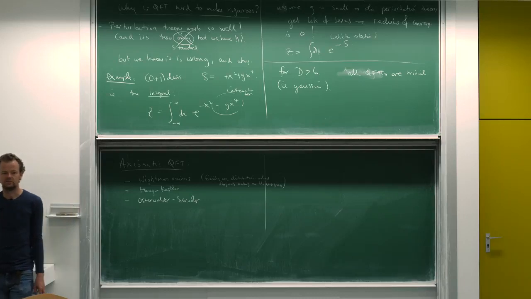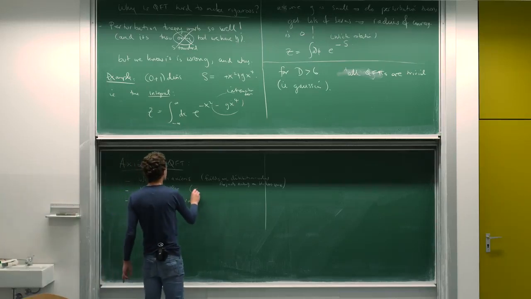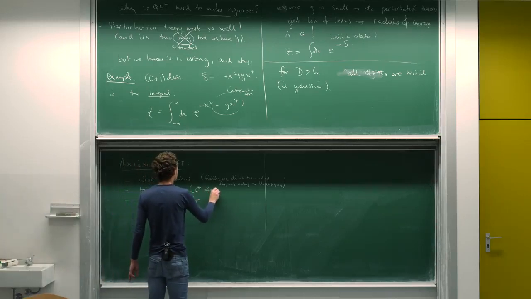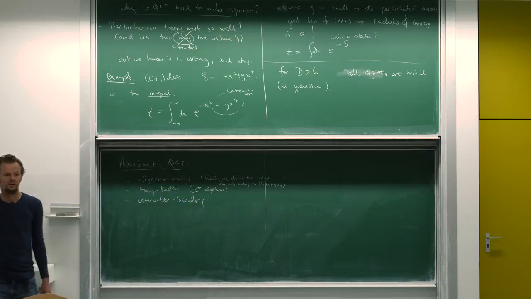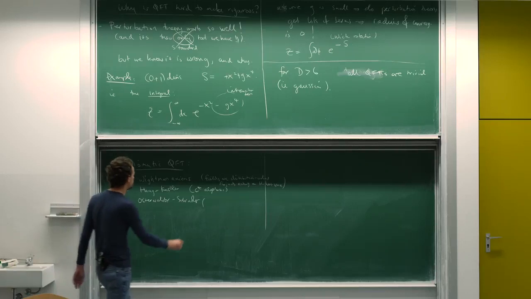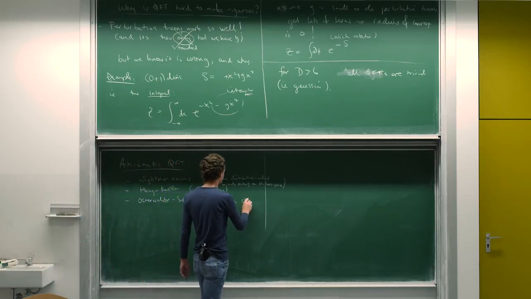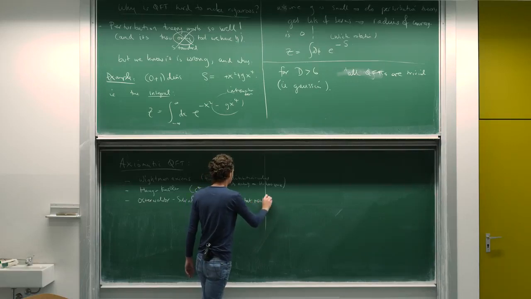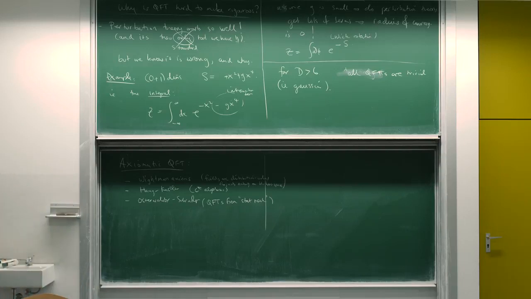Then there were the axioms of Haag and Kastler, which translate that to something involving C-star algebras. And then we have the axioms of Osterwalder and Schrader, which are focused on understanding how to get a quantum field from a statistical mechanical system.